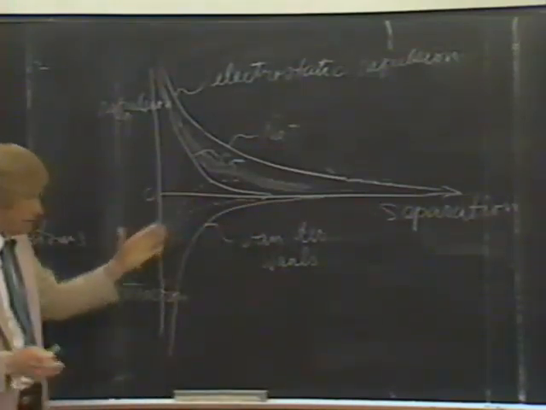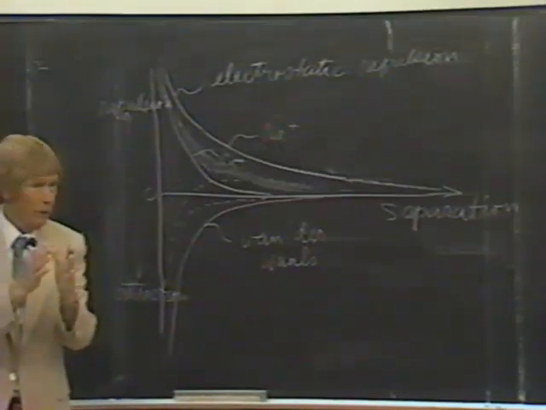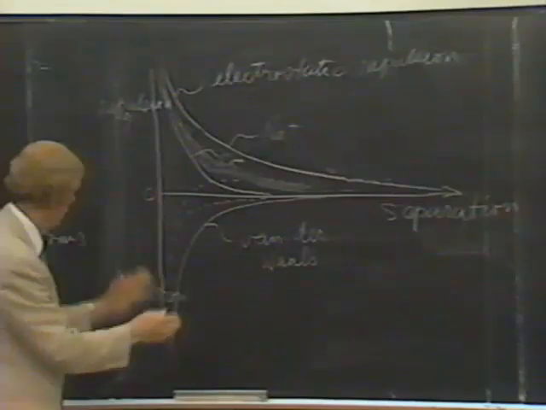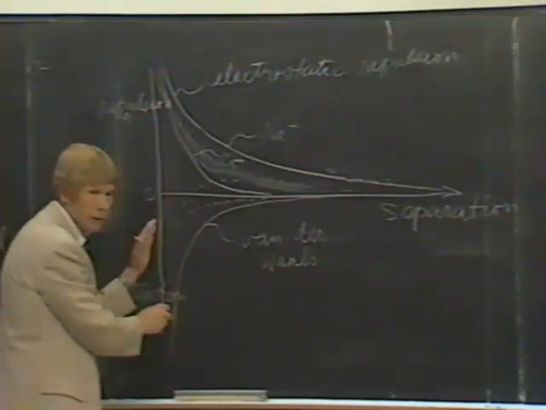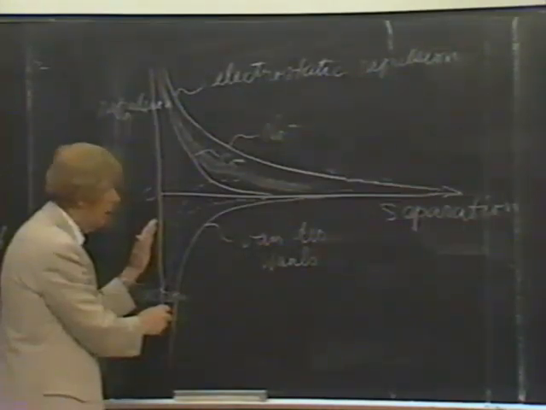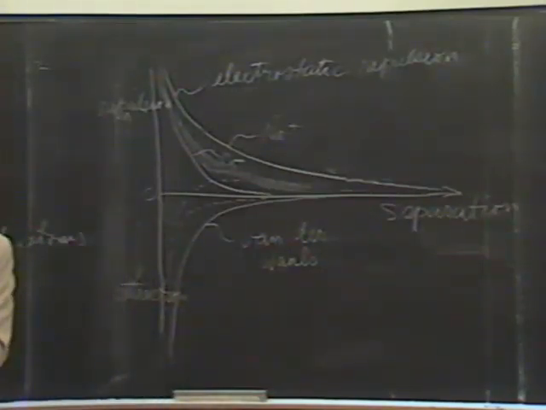Okay, so we have a situation where, assuming that equilibrium is established and so on, changing the valence of the ions changes the distribution of charges and makes them cohesive.